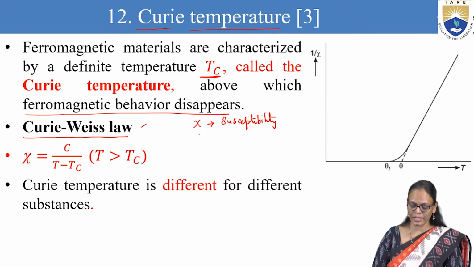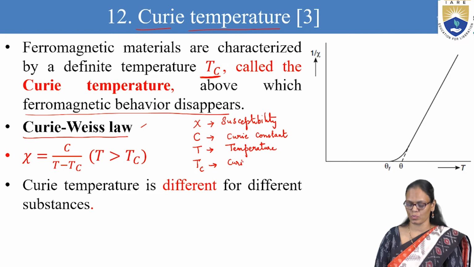C represents the Curie constant. T is the temperature at which the ferromagnetic material is kept, and Tc is the Curie temperature.